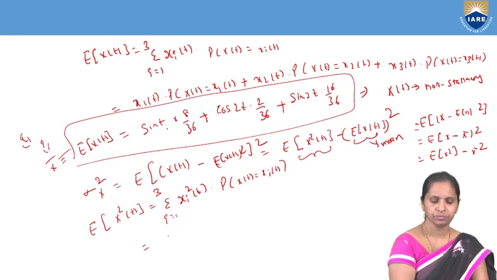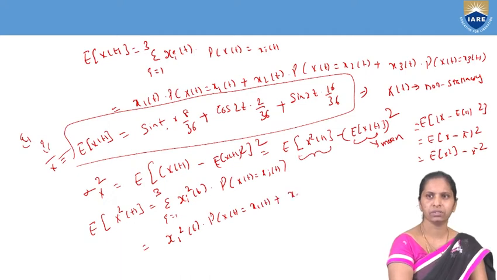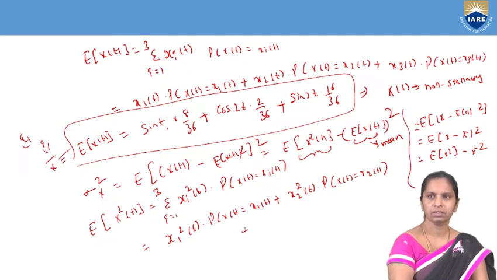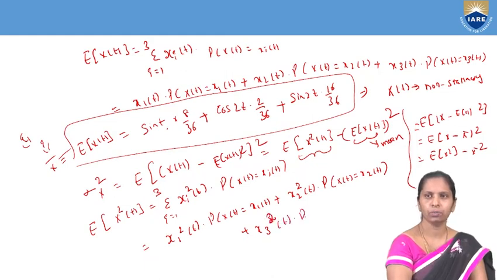It implies if i equals 1, what I get here? x1 square of t into P of x of t at x1 of t, plus if i equals 2, x2 square of t into P of x of t at x2 of t, plus if i equals 3, substitute here, x3 square of t into P of x of t at x3 of t.